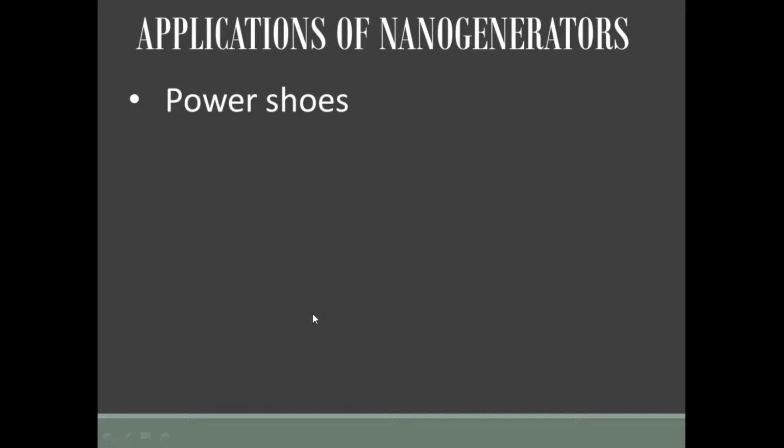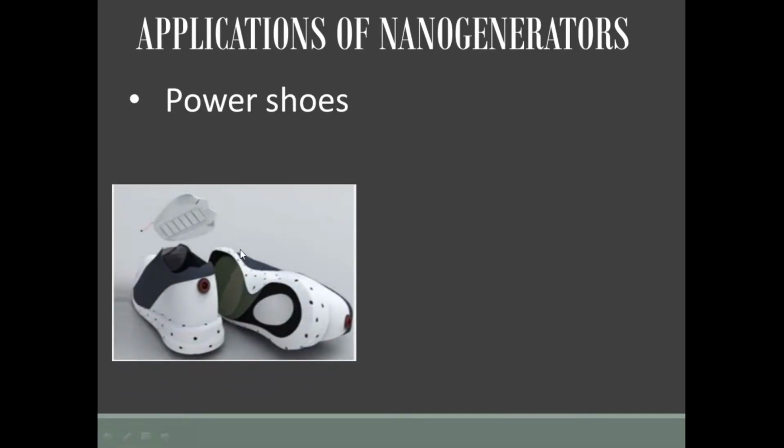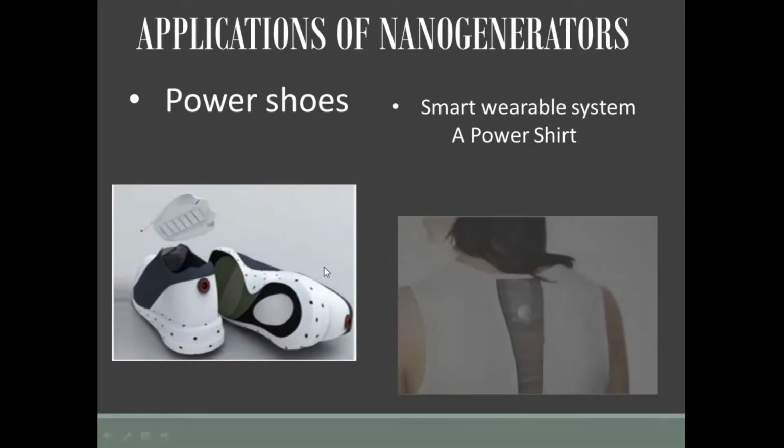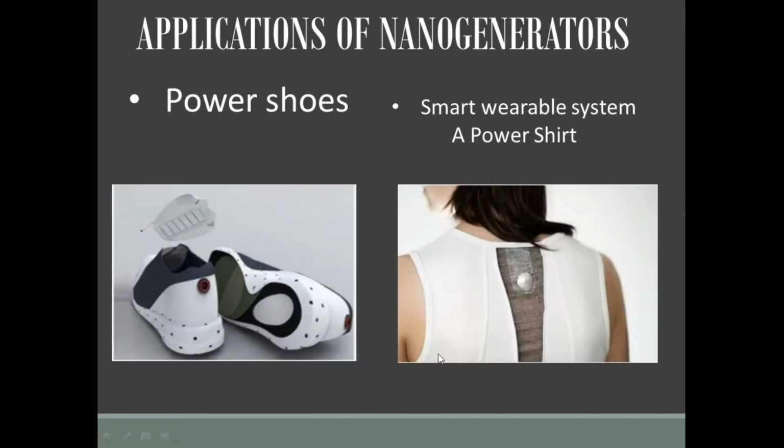Then the power shoes, which can also be used to generate electricity. Here we place nanogenerators inside the shoes, and whenever we walk wearing these shoes, electricity is produced, and that can be used for different purposes. And the smart wearable system, a power shirt, which is being used nowadays.